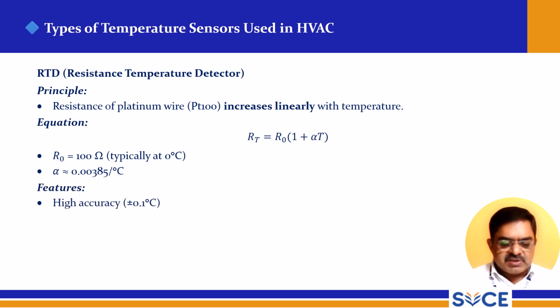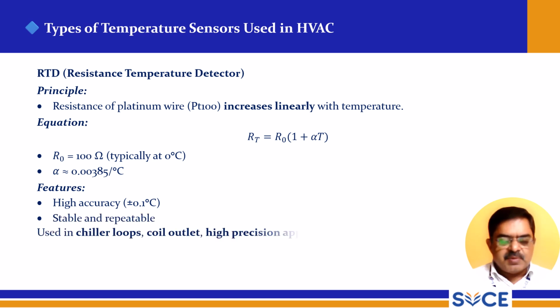Its features are high accuracy, stable and repeatable. RTDs are used in chiller loops, coil outlets and high precision applications. It is also a resistance type temperature detector.